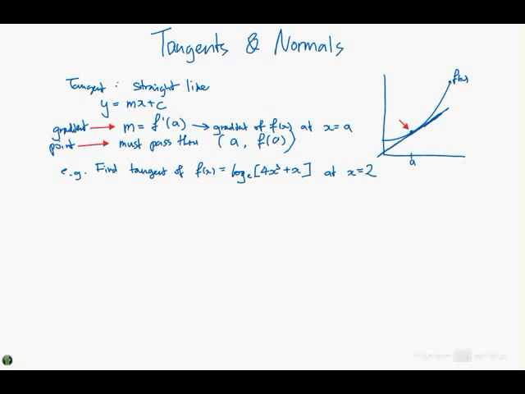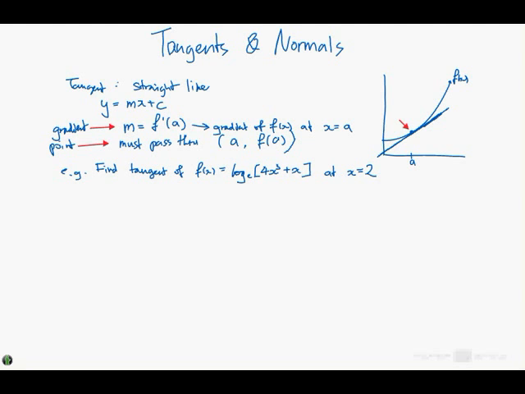Simple. Okay, the first thing you want to find is your gradient, right? Remember, we're doing a straight line, so you need a gradient and a point. So the gradient is going to be the gradient of f of x where x equals 2. So the first thing you need to find is actually the derivative of f of x.